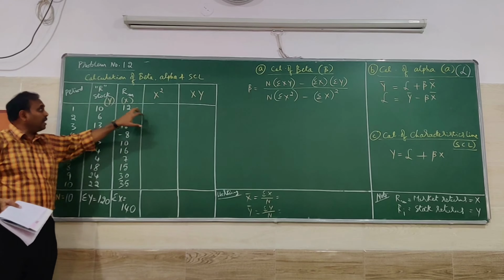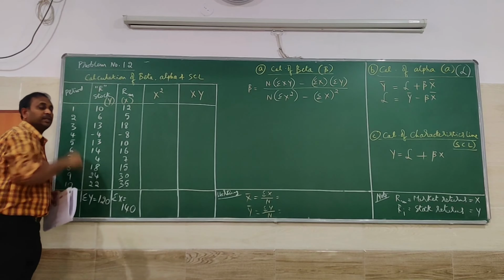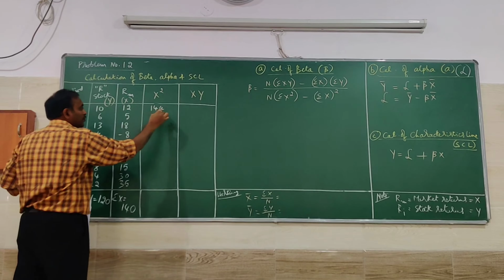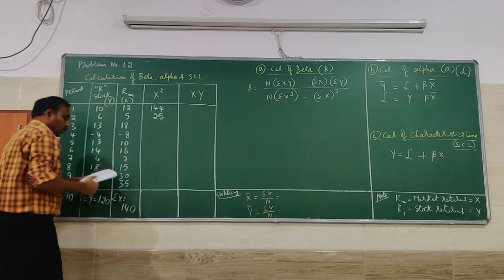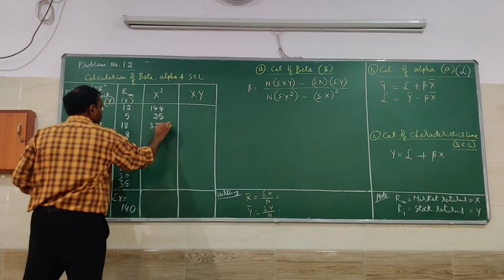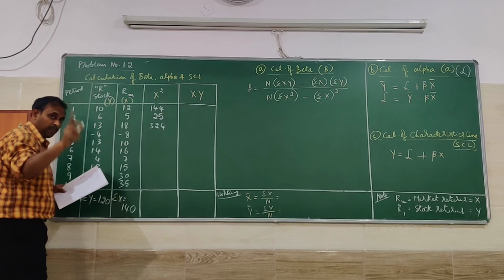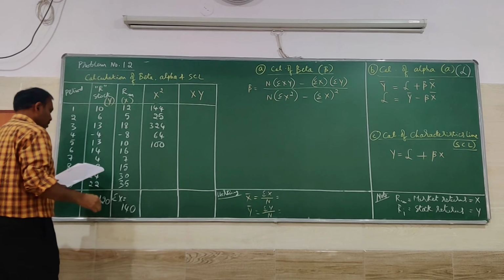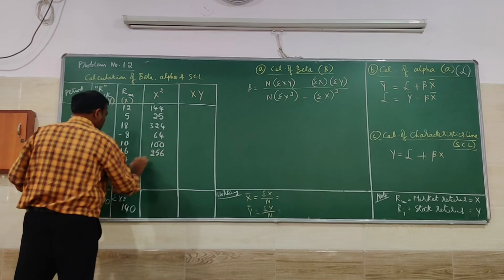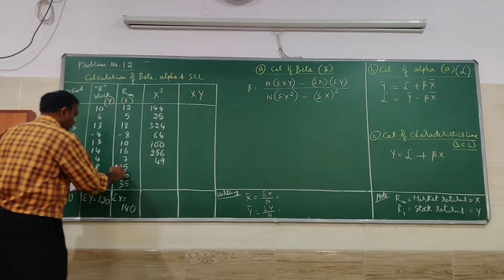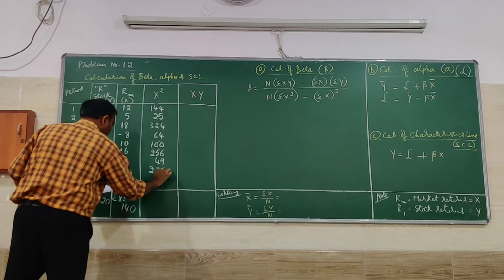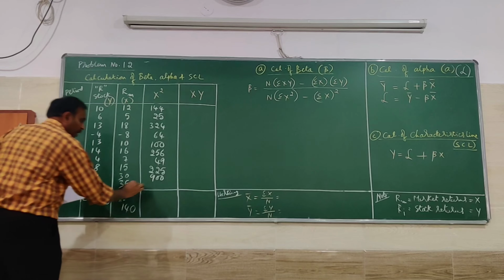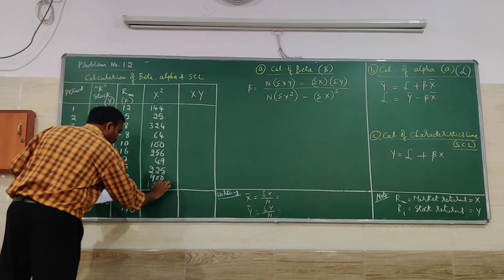Then we can go for squaring the X value and further X into Y. So X square is 12 into 12, 144, 5 into 5, 25, 18 into 18, 324, minus 8 into minus 8, it becomes plus 64, 10 into 10, 100, 16 into 16, 256, 7 into 7, 49, like that, 15 into 15, 225, 30 into 30, 900, 35 into 35, 1225.